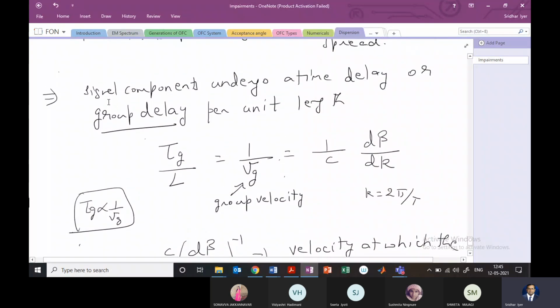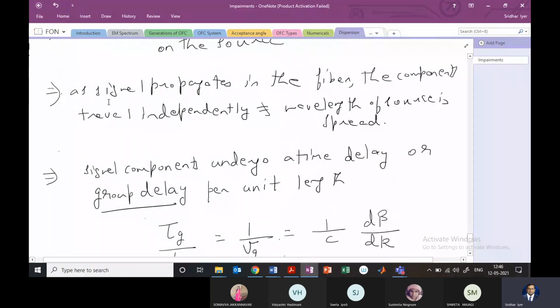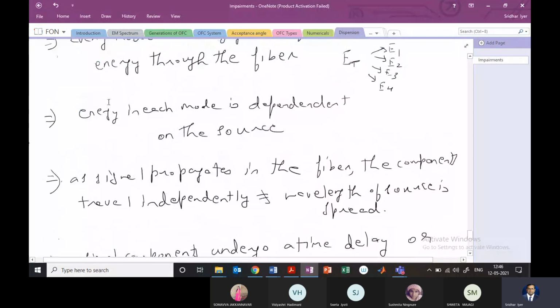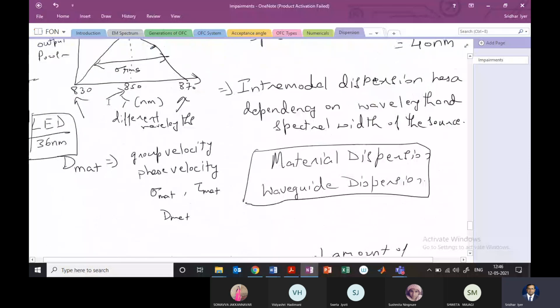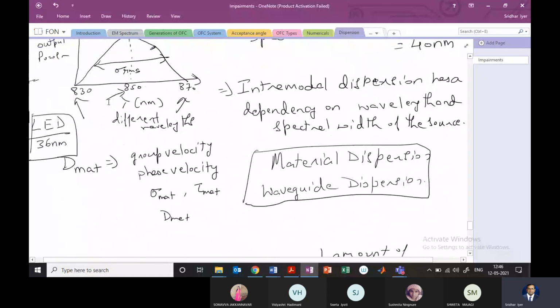So just a quick recap again, because this is a new concept to us. Let me scroll up. What we have seen is that the source is going to operate not at a single wavelength, but some spread out wavelength. Why it is so, we'll see in module 3.